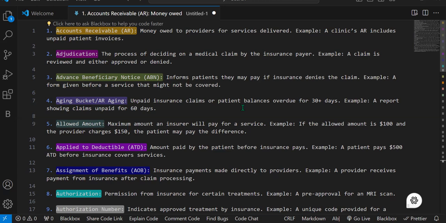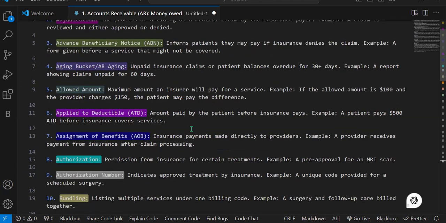So out of the $150, the insurance company will pay $100 and the patient has to pay $50. So the patient may pay the difference, or it can be a write-off. What is the meaning of write-off? Write-off means neglecting that amount. The doctor's office will get only $100. That's it.